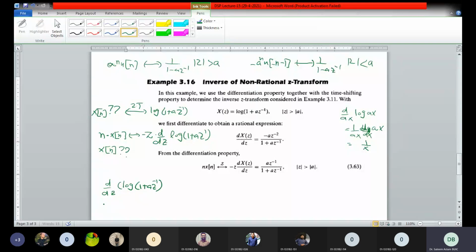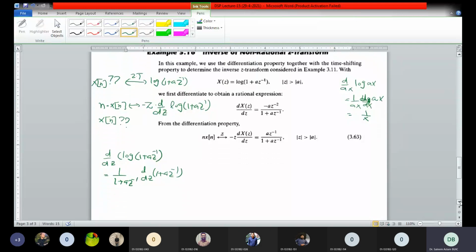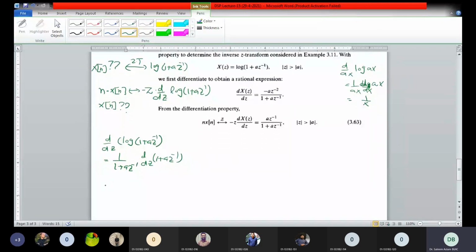So if you take its derivative, it would be 1 over 1 plus a z inverse in the denominator, and then you need to take d by dz of 1 plus a z inverse. Derivative of constant is 0. So you will have 1 over 1 plus a z inverse, and inside you will have 0 and -1 and a z to the power -2.